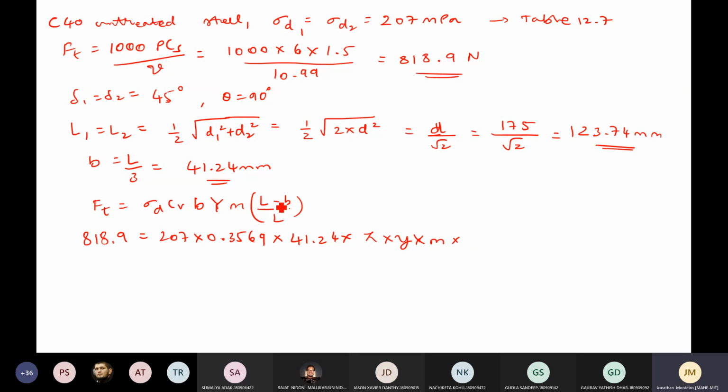And L minus B by L will be 2 by 3, since B is equal to L by 3.